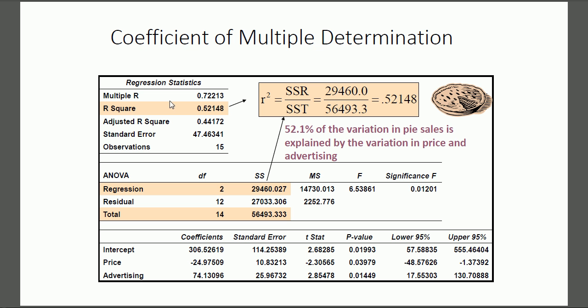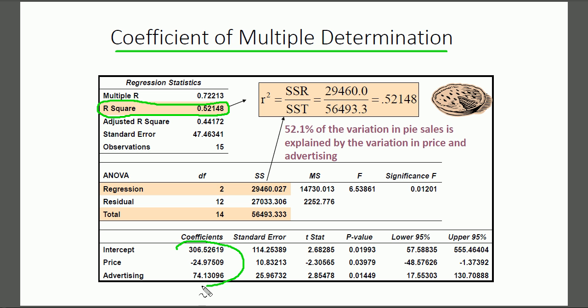Here is where you can actually get this number from the output. R-square is given to us in Google Sheets and in Excel, at the very top of the summary output when we run the multiple regression. In this example with the pie sales that we were just looking at, we went through the coefficients already.